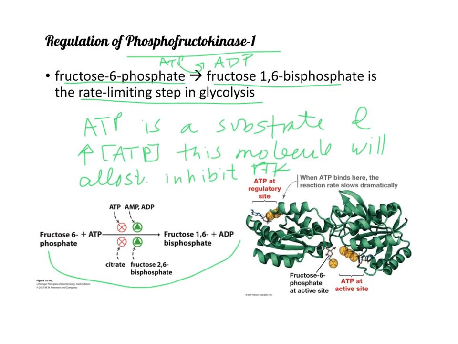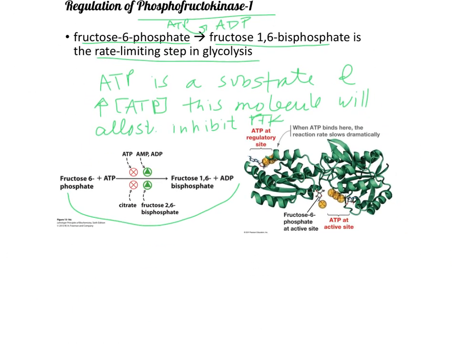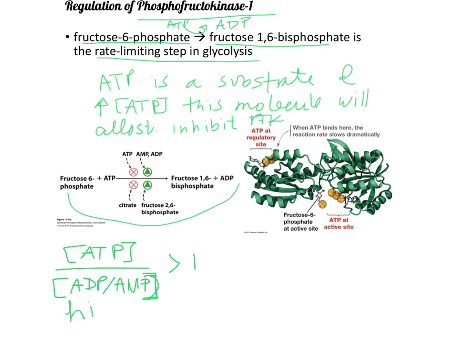The reason for that, again, is if we think about our ratios, we don't have all ATP or no ATP. We have a ratio of ATP to ADP/AMP, because sometimes when we take the phosphate off, we get an AMP versus an ADP. So if you have a lot of ATP, then this will be greater than 1, and that's your high energy condition.